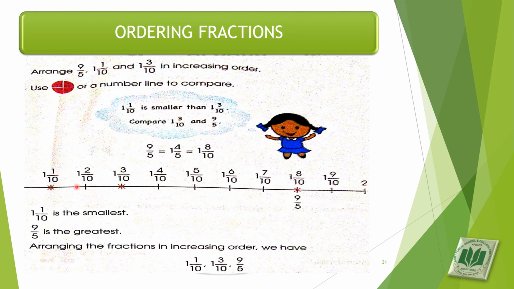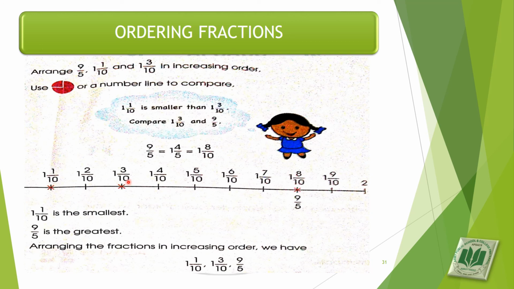How will we plot this on the number line? You can see here we have 1 whole 1 by 10, 1 whole 2 by 10, 3 by 10, 4 by 10, 5 by 10, 1 whole 6 by 10, 1 whole 7 by 10, 1 whole 8 by 10, 1 whole 9 by 10 and 2. Now this 1 whole 1 by 10 is the smallest.